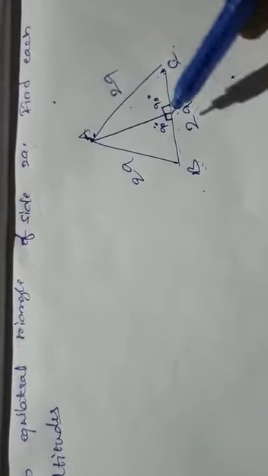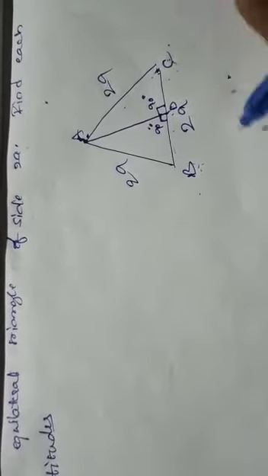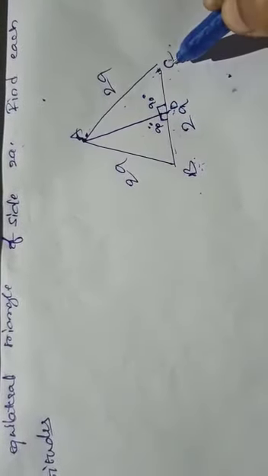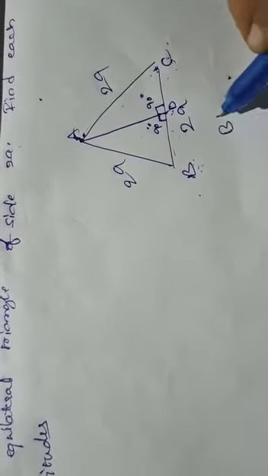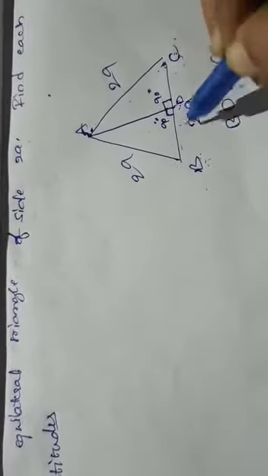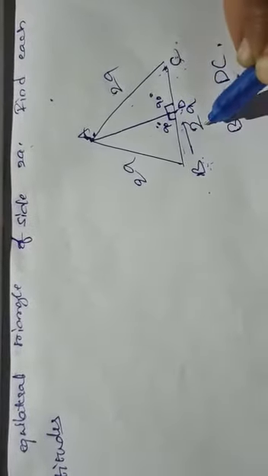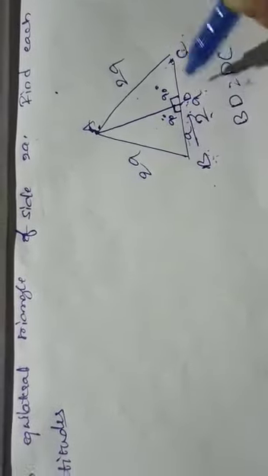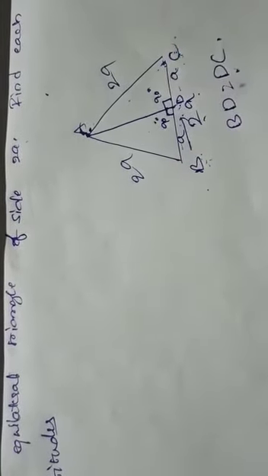Okay, the altitude divides the base into equal parts. Here D is the midpoint of BC. So BD equals DC. We know the BC value, BC equals 2A, BD equals A and DC equals A.